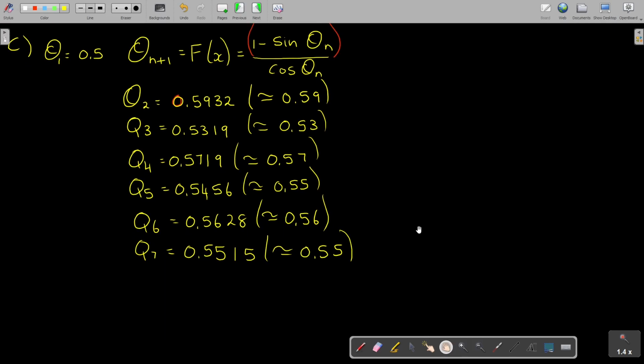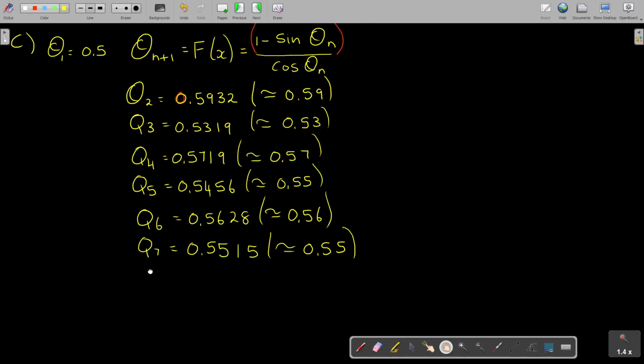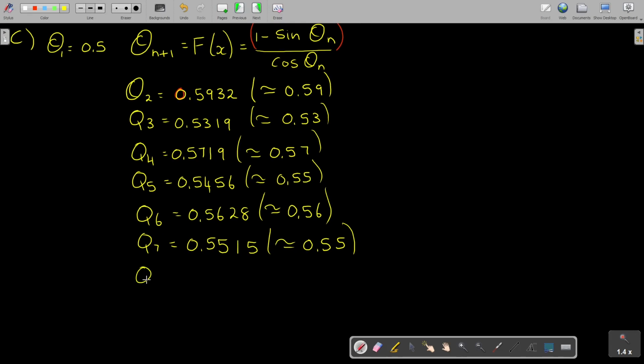Now we are already at theta 8. Oh, get my pen correct. Theta 8. So that's 0.5589. And that's 0.56. And still it's not consecutive. Okay, so let's just see which one of those 2 is going to win the battle.